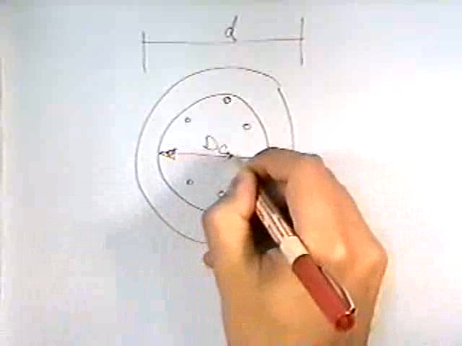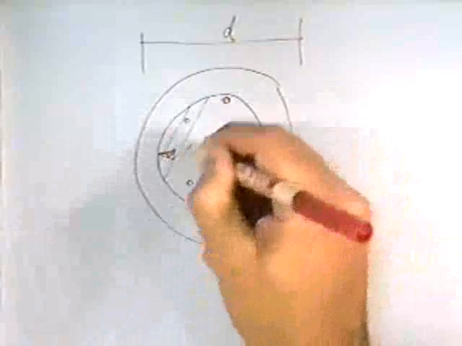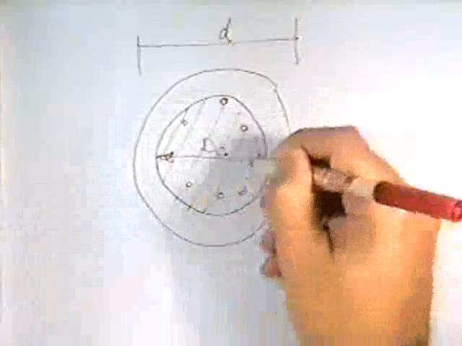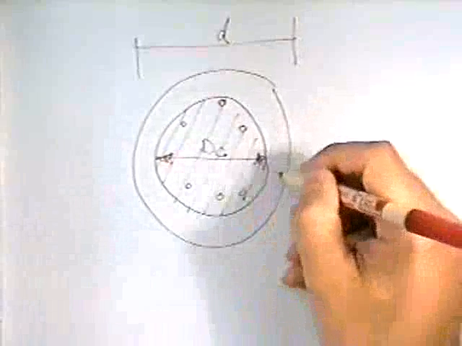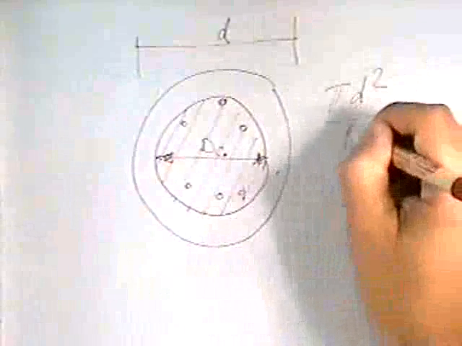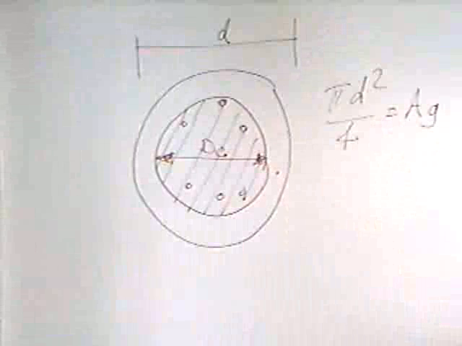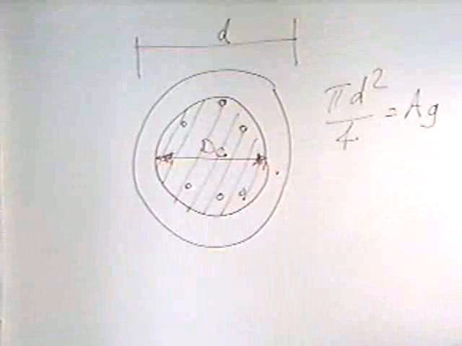This would be D sub C, right? The area of the core would be this much, and then the area gross is pi D squared over 4. You get to go to the outside of the surface of the spiral for area. That's correct. Okay, does everybody catch that?